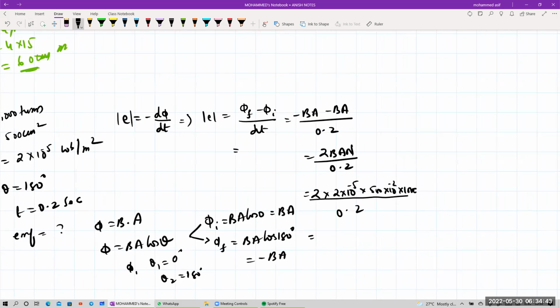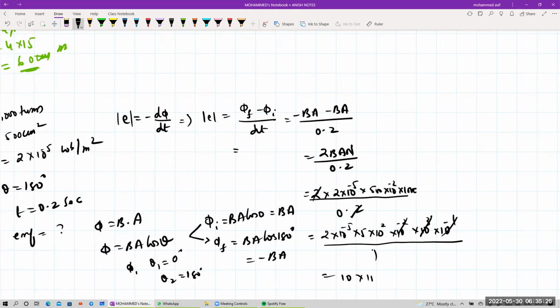So what gets cancelled? 0.2, this is 2 and this one is also 2. 0.1 means it goes up here. So that will be equal to 10 power minus 3 here. 0.2 means 2 by 10, the 10 goes up. So it is 2 into 10 to the power of minus 5 into 5 into 10 to the power of 2 into 10 to the power of minus 2 into 10 to the power of 3 into 10. 1 by 10 means 10 power minus 1. 2 fives are 10.